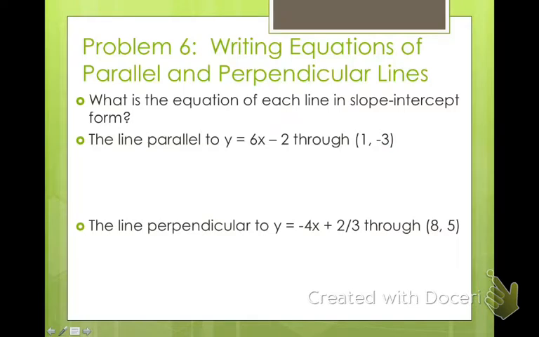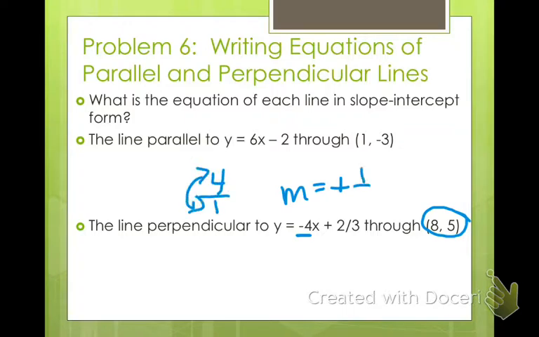What about when we have a perpendicular line? Well, again, we're given a point. What do we know about slopes of perpendicular lines? From your vocabulary, you should have learned that they're opposite reciprocals. So since this is negative 4, my slope is going to be a positive number, and instead of being 4 over 1, I'm going to flip that over, and it's going to be 1 over 4.